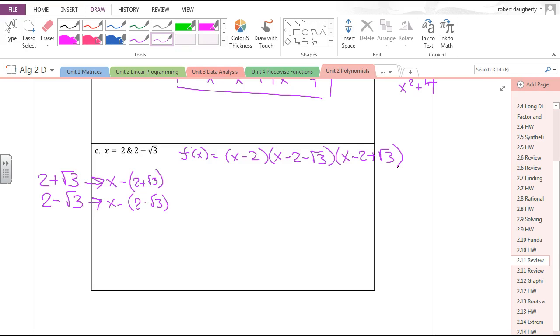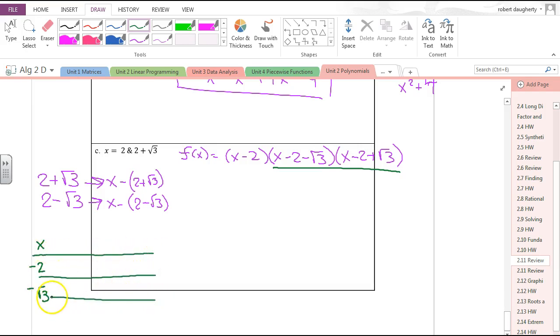So let's start by multiplying these things together. I can use a chart to make that happen. So I'm going to have x minus 2 minus root 3, and x minus 2 plus root 3. Okay?